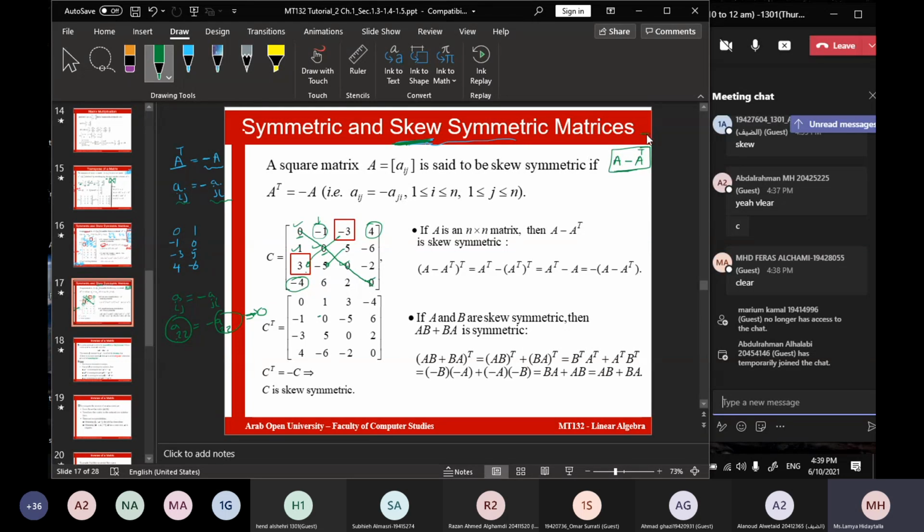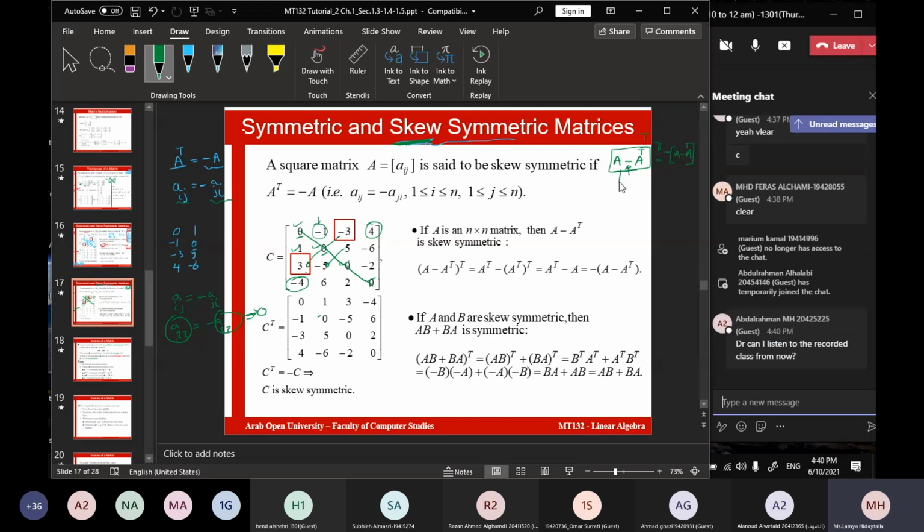So I have to find its transpose. What I'm expecting, what I want to test, is that it equals minus the matrix. But what is the matrix? This is the matrix. So minus and here A minus A transpose. So this is what we want to prove. How will we prove it? So I'll start from here.